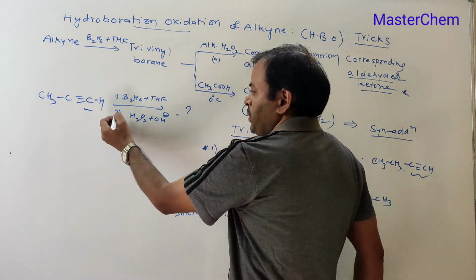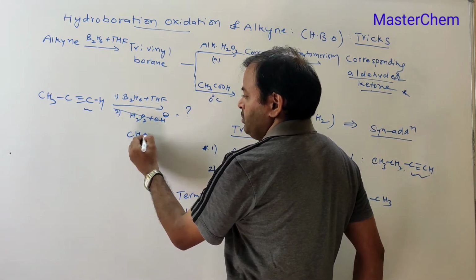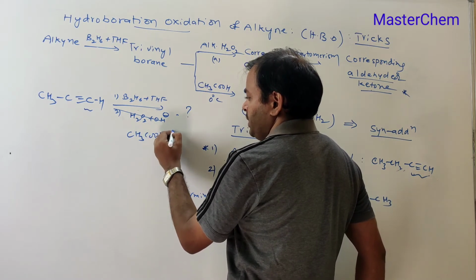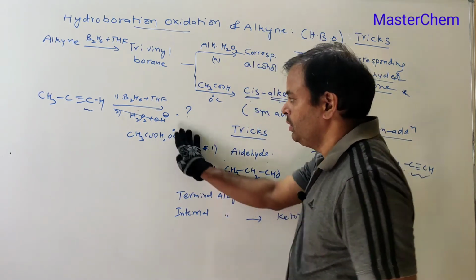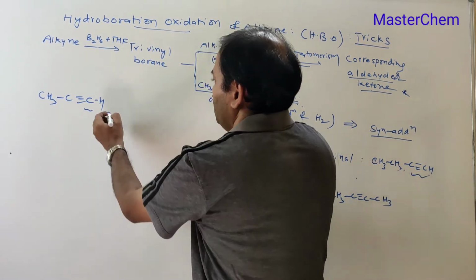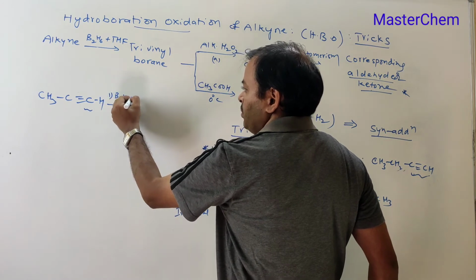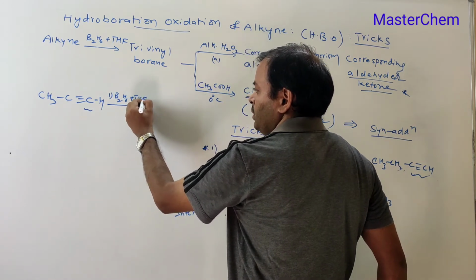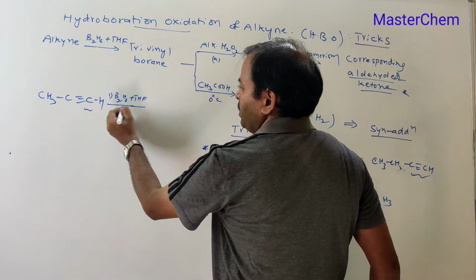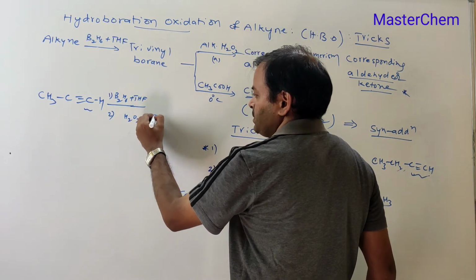If the second case is replaced with CH3COOH, 0 degree centigrade, so 2 options I am giving here. First case B2H6 plus THF, and the second one H2O2 plus OH minus.